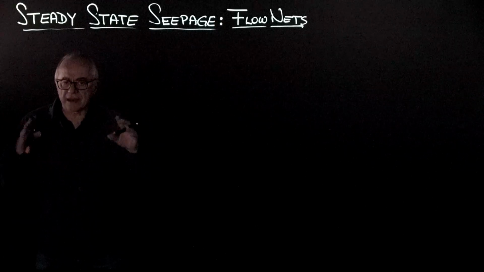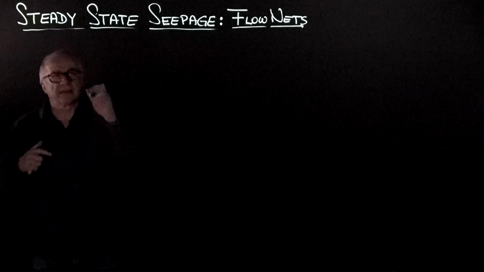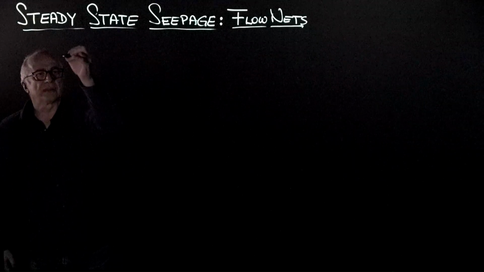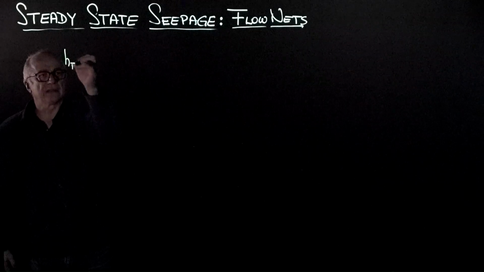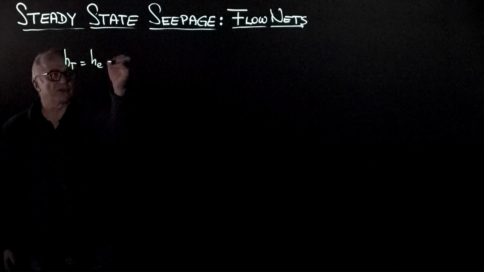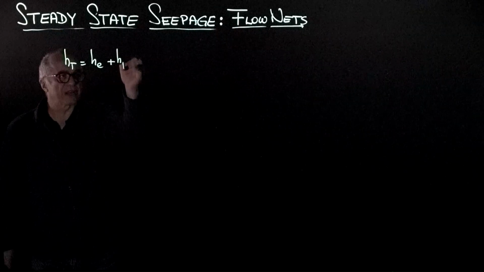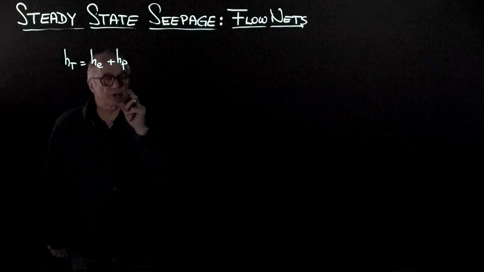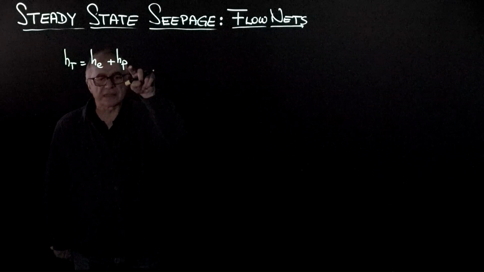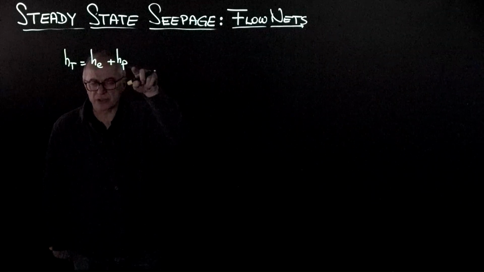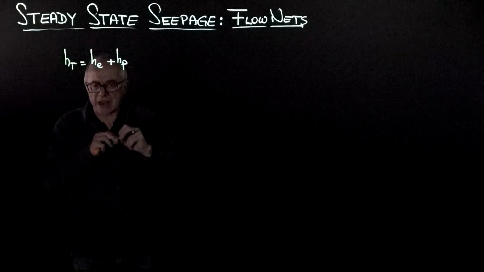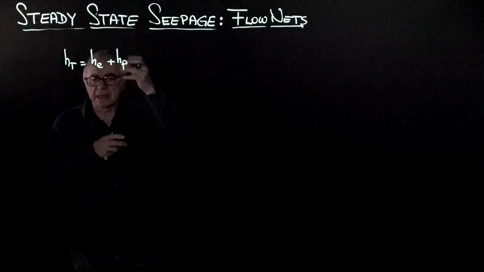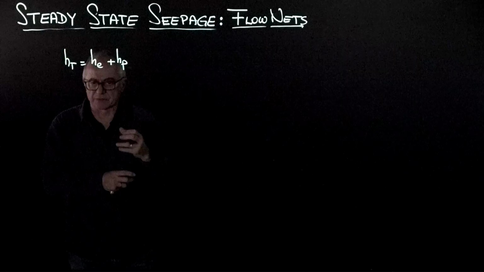And if we divide by the weight, then we concluded that H total is equal to H elevation plus H pressure, where the pressure head, you can think of as how much water rises in a pipe, in a piezometer.